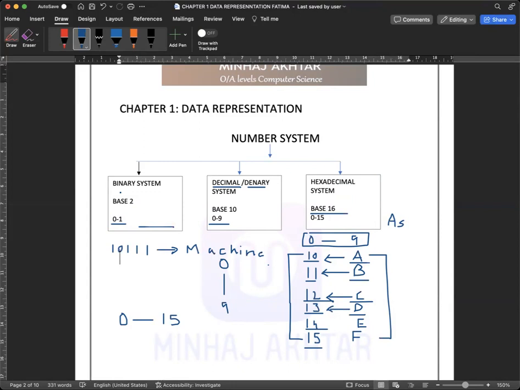So humans are using some number systems in which they convert binary into their understanding terms like decimal, denary or hexadecimal system. So in number systems, we are going to learn about the conversions of binary to denary, denary to binary, and so on.